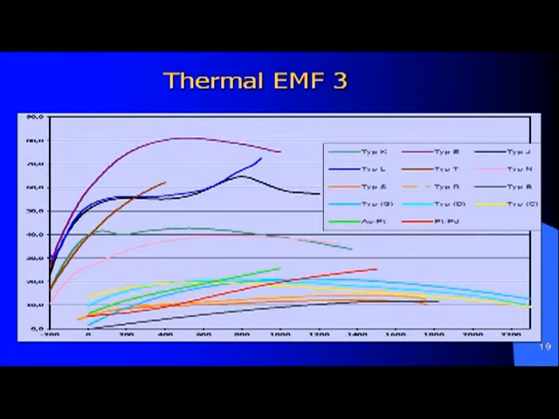And so you can see that especially the gold-platinum thermocouple is quite linear. And this makes it very advantageous for precise measurements. But they have a different standard. It's in the 50,000 group and not in the 60,000 group.